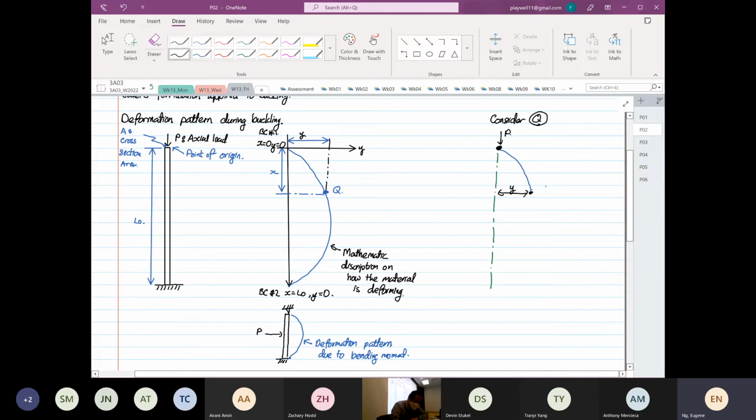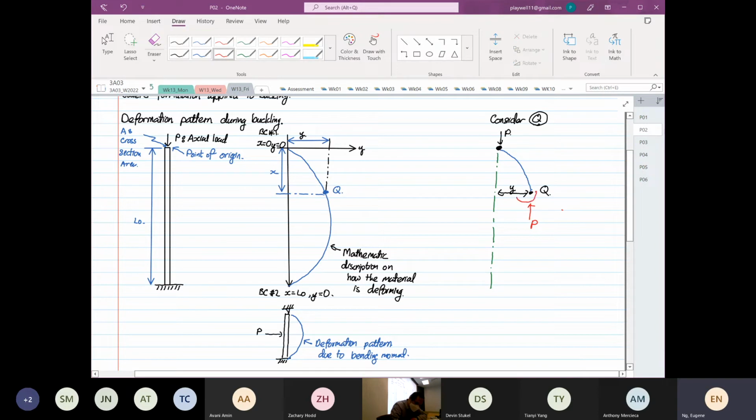So at point Q, what is going on is we have a reaction load in the vertical direction, and we have to have a counter moment acting in this direction. That counter moment is equal to minus Py. Let me write better.